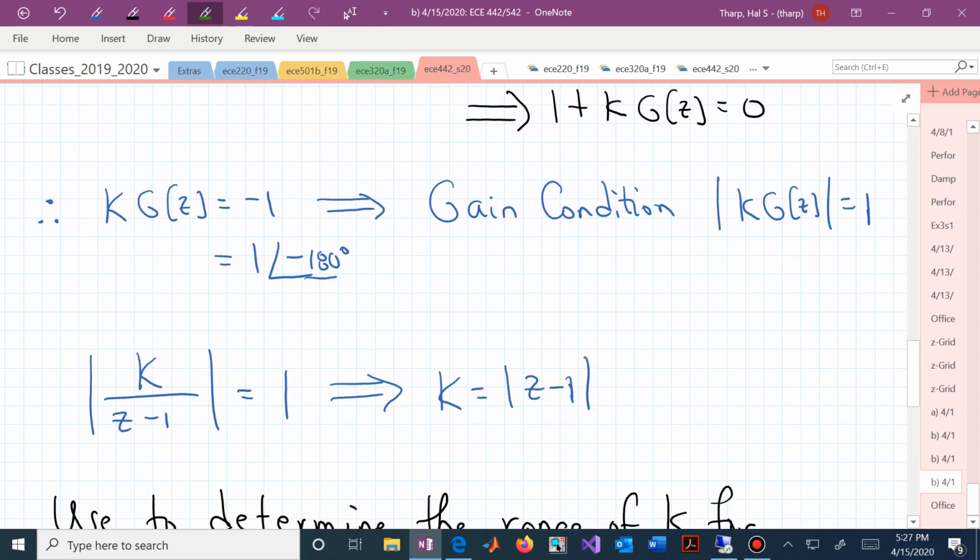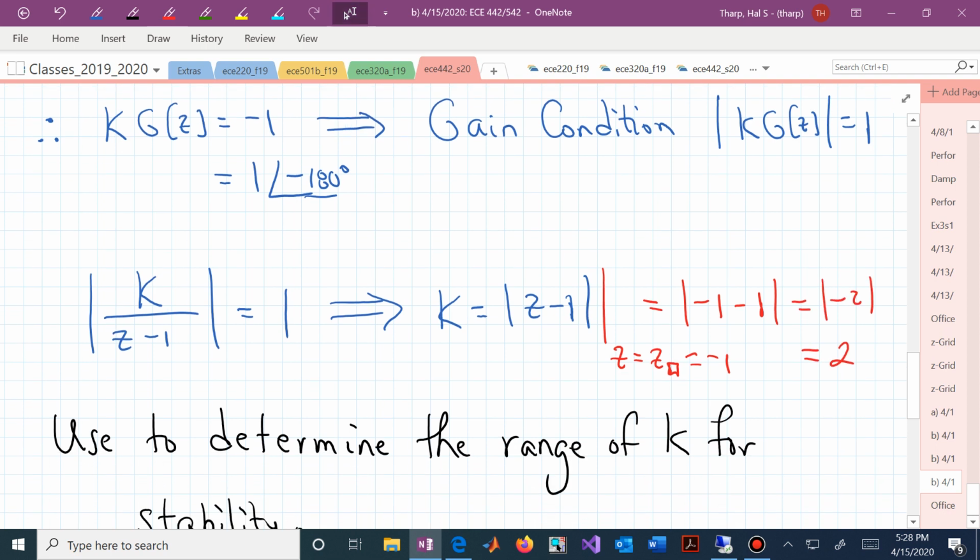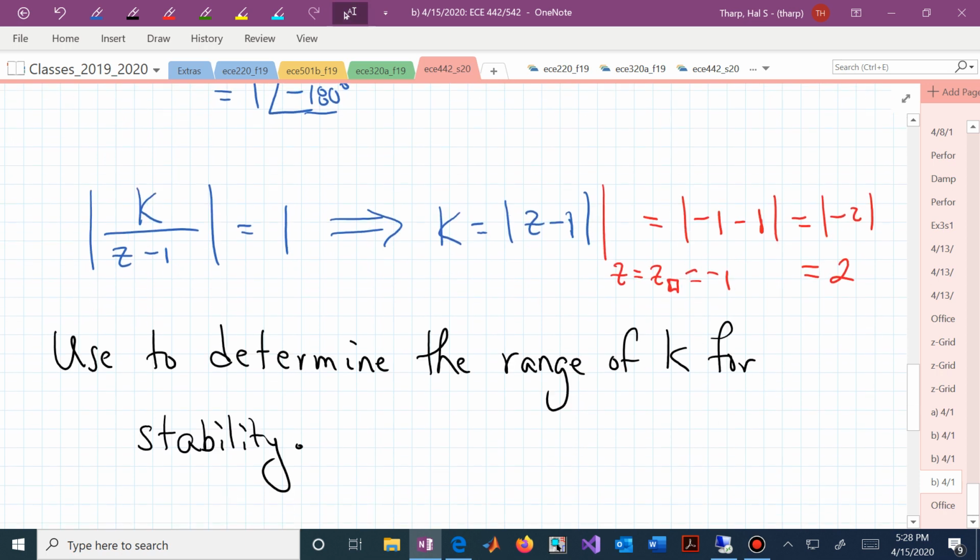We know the gain is now determined by this magnitude of z minus 1 from the gain condition, or the magnitude condition. If we now evaluate that at z squared, or at minus 1, we now can determine the actual value of k for stability.